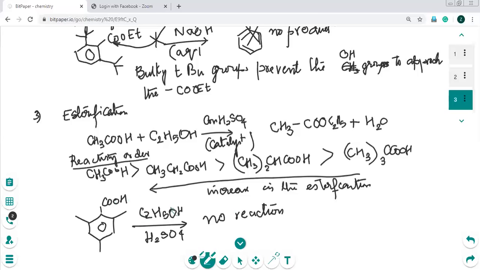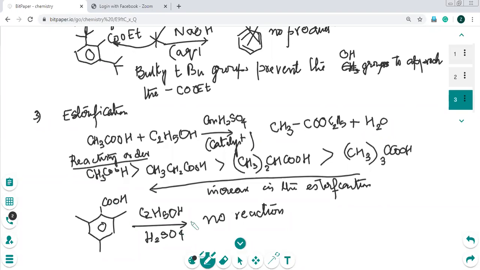This C2H5OH cannot come and attach here. You may have to convert this OH group into something else and then do some other type of reaction. This method will not work because of the hindrance. So steric effect is affecting the reactivity. These are the different effects.